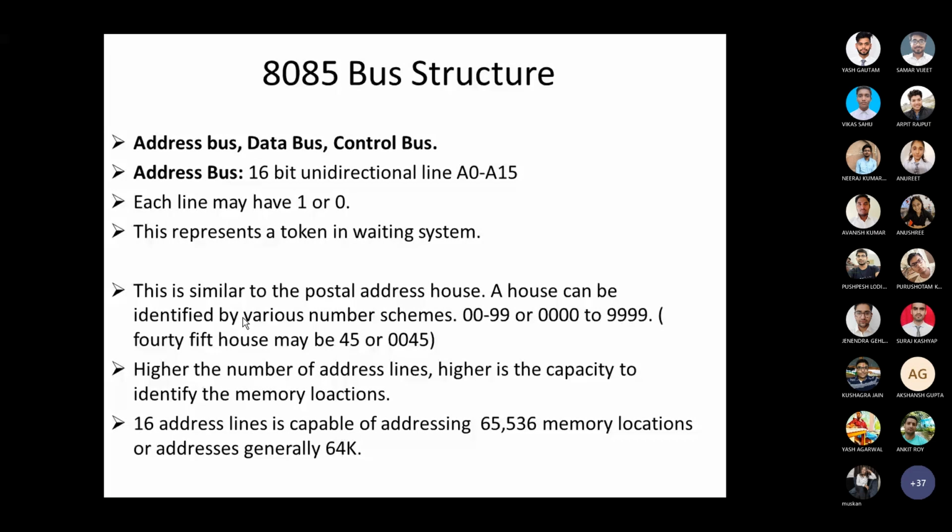Each line may have 1 or 0, which may change with time or depending on the configuration of A0 to A15. So suppose 16 bits are there in the address bus, 16 lines will be there and 2 raised to the power 16 address configurations will be possible.